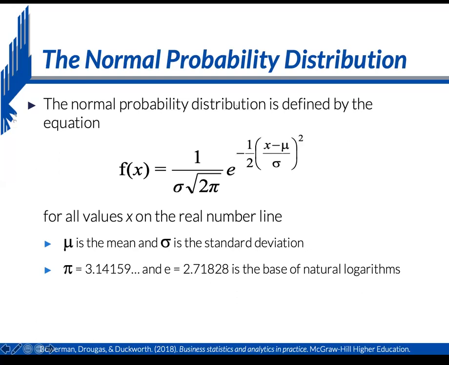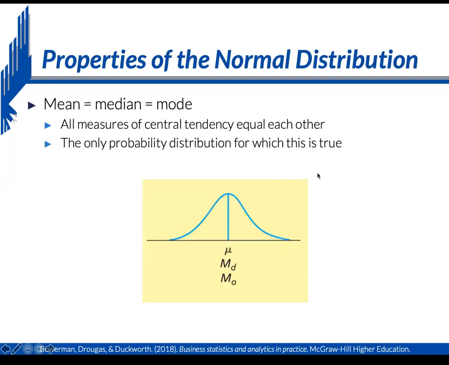So this is the f of x. This is the PDF of the normal distribution, and we know that the normal distribution is characterized by a bell-shaped symmetrical curve, which means that if you graph this equation, we will have something that looks like that.